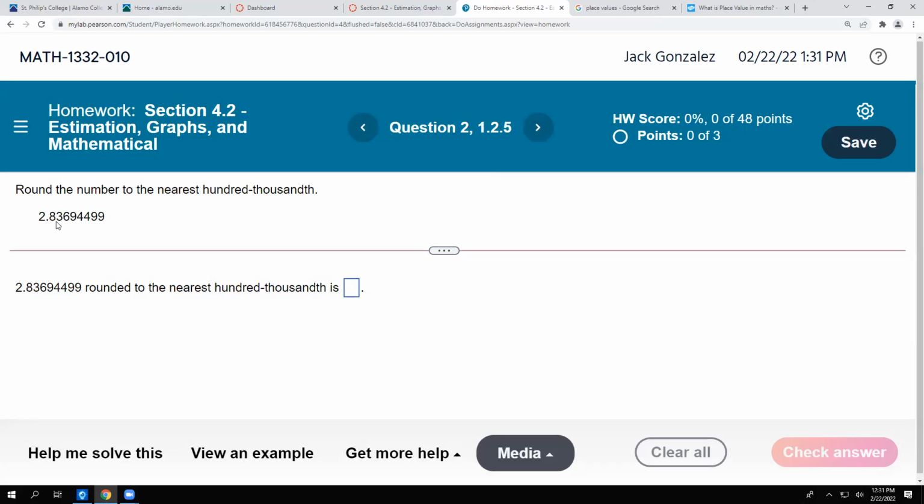I think so. Let's see. Tenths, hundredths, thousandths, 10,000ths, 100,000ths, right? The 9. So look to the right. What number is next to the 9? It's still 4. Yeah, it'll stay just the 9. So round to the nearest 100,000ths.